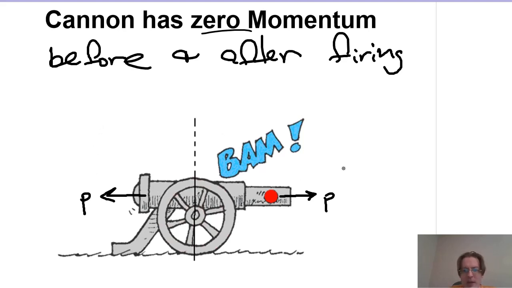Sure it does. It has a small mass, relatively speaking, and therefore has a giant velocity. Versus the cannon itself has a tremendous amount of mass, so it recoils at a lower speed. The momentum of both parts is the same. It's just that one of them is positive, the other one's negative, and therefore it stays zero.